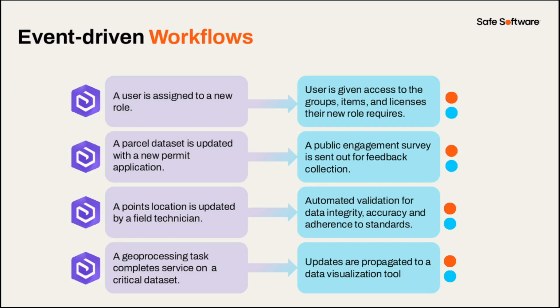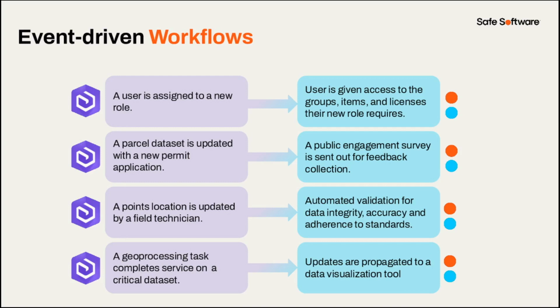So FME could respond to changes in a user's role by updating their permissions. We may want to get a notification for different kinds of dataset updates, or automatically run a data validation workflow when a field crew makes an edit. And of course, synchronizations with different software and systems our organization may use.